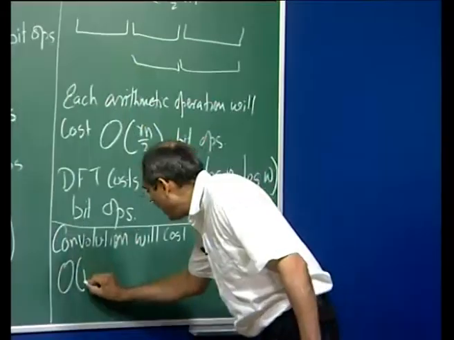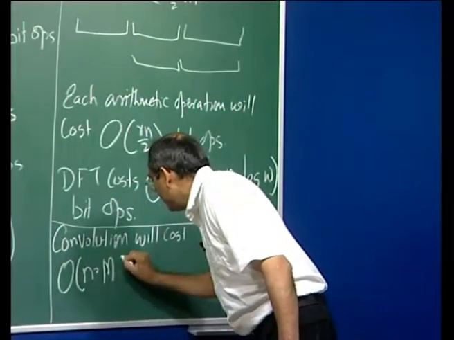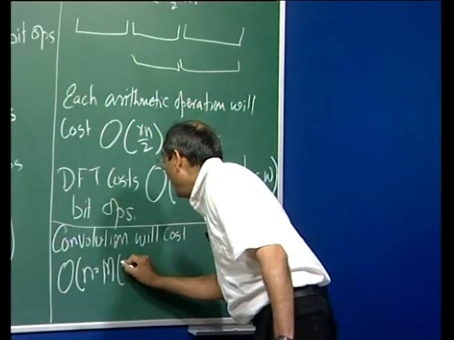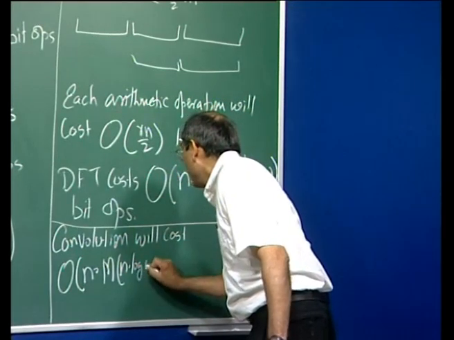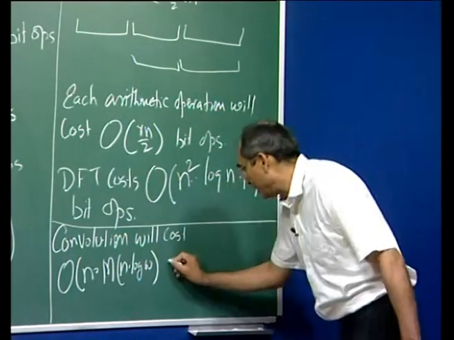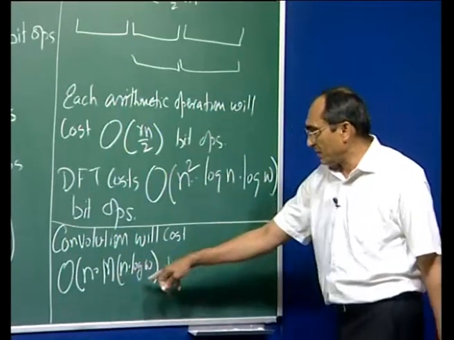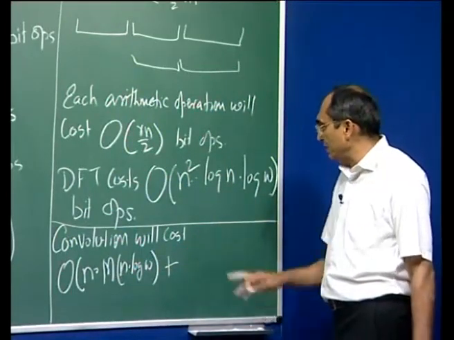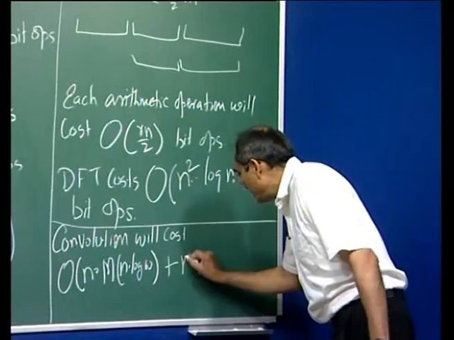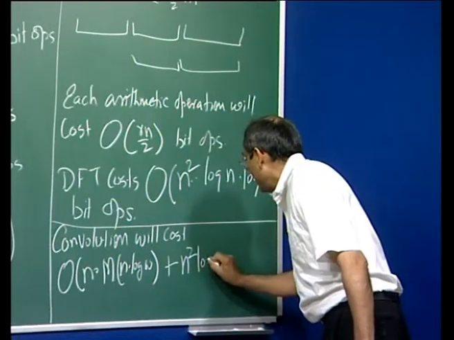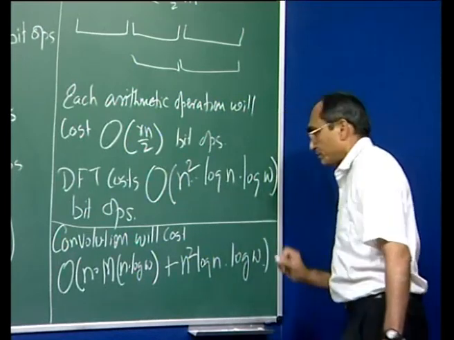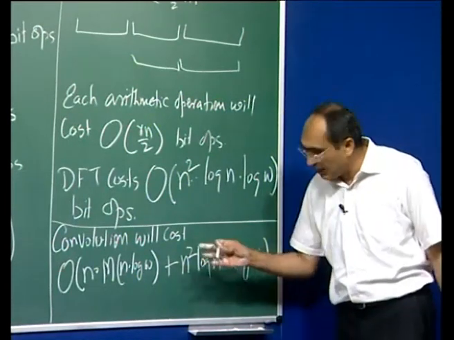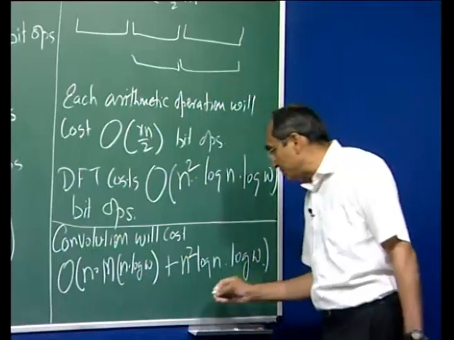So, that will be n times m, Rn is n log W plus, this will account for those computations, and this term n square log n log W. So, convolution in Rm will cost this many bit operations.